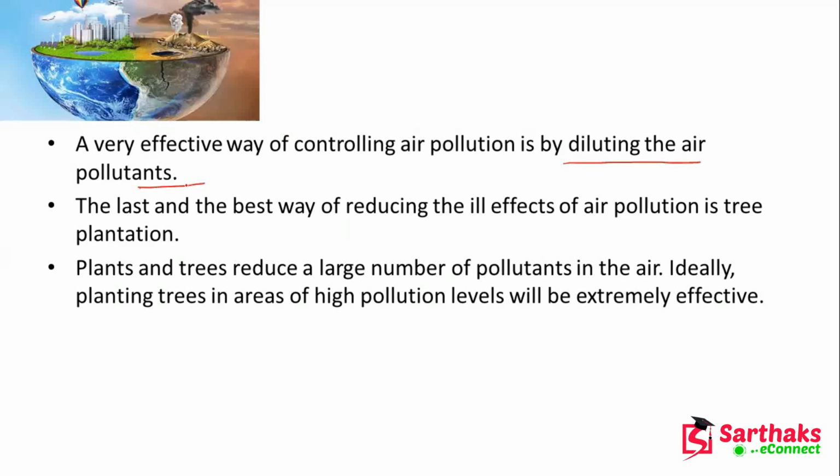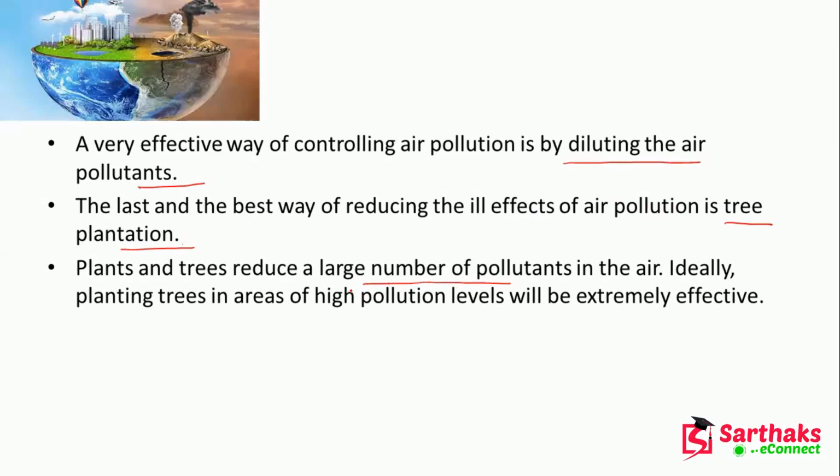And the last and best way of reducing the ill effects of air pollution is tree plantation, because trees are the main thing which can save us. Plants and trees reduce a large number of pollutants in the air and purify it.